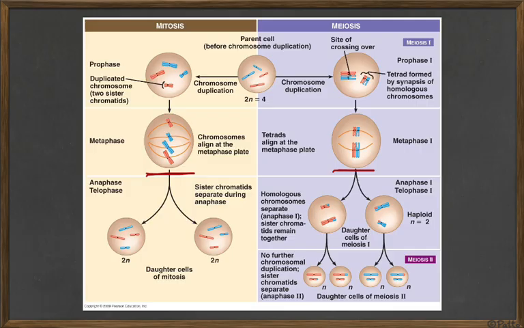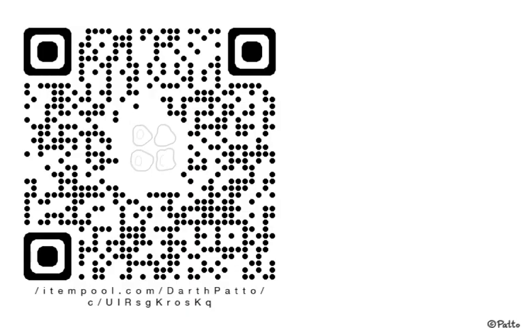In anaphase of mitosis, the sister chromatids separate and you have 2 cells in telophase. In meiosis, you separate the homologous chromosomes, and then they go to meiosis 2, which is exactly like mitosis. This here is the process of meiosis. I hope you got the idea.